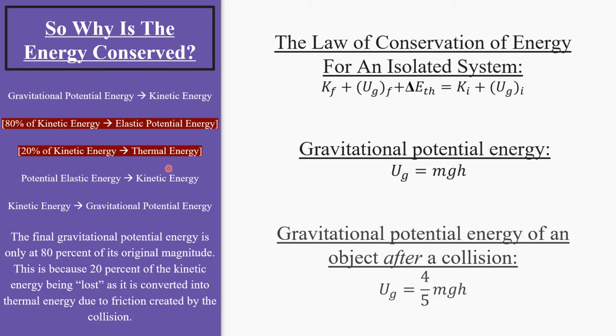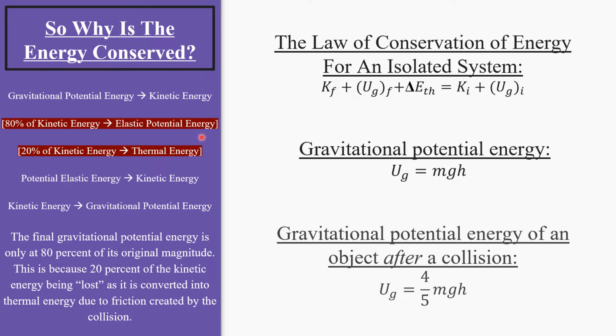So over here, it just gives a little layout of how the energy is transformed throughout the entire system. First, it starts as gravitational potential energy, becomes kinetic energy. Then about 80% of this kinetic energy has become elastic potential energy when the ball finally collides with the ground. However, 20% of it is going to be changed into thermal energy because of the friction that is created between the ball and the ground itself.